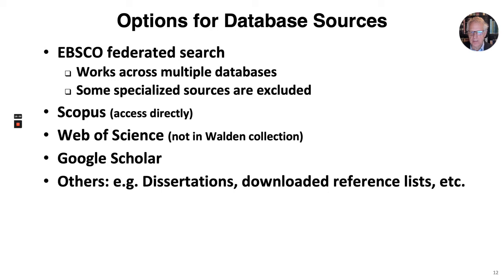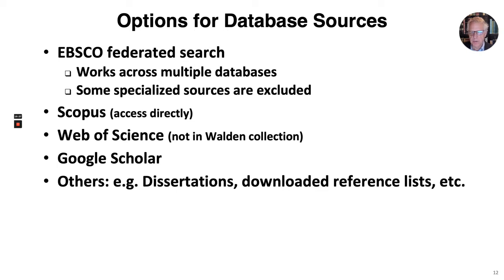Those databases can include a number of different types of articles, can include sometimes books, can include sometimes even blog posts. What types of databases are included is a decision that the library makes when they do a contract with EBSCO and with other providers such as ProQuest about which databases to include. Sometimes, even though the library has specialized sources, they may not be included.